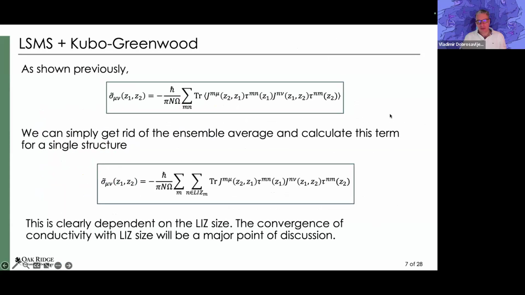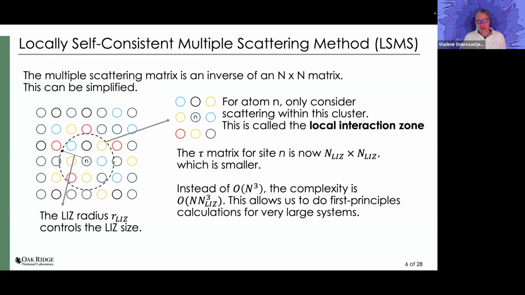So may I ask a question? Yeah. Are you aware of some situation limits where taking a modest size for this zone is insufficient? Yes. In fact, in our conductivity calculations, we find that we need larger and larger LIZs.